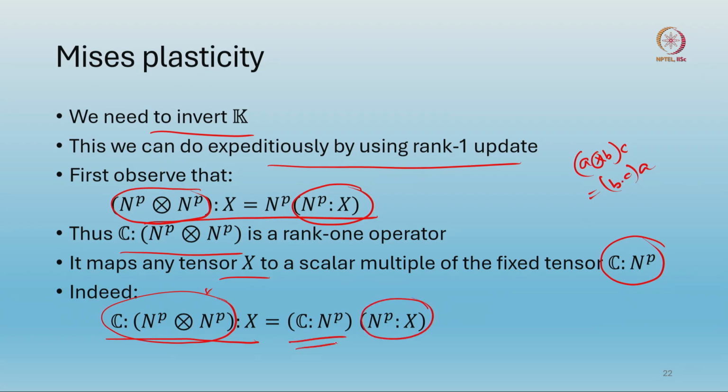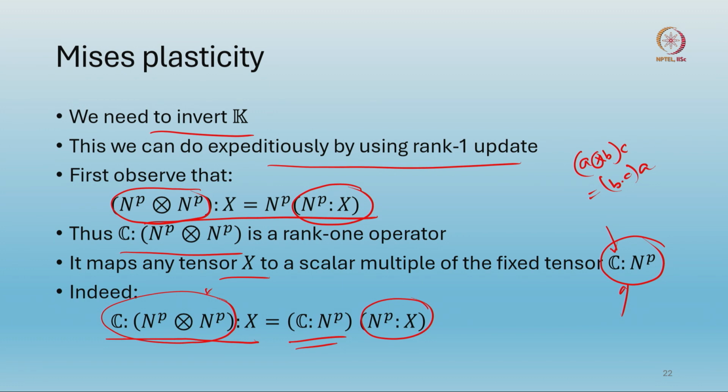It is just a scalar multiple of the fixed tensor, C inner product NP. So in this particular case, you are interpreting this elasticity tensor as a fourth order tensor. Please remember, otherwise if you forcibly treat it as a matrix, then it becomes a scalar, right. So that does not make much sense. So this is the scenario.